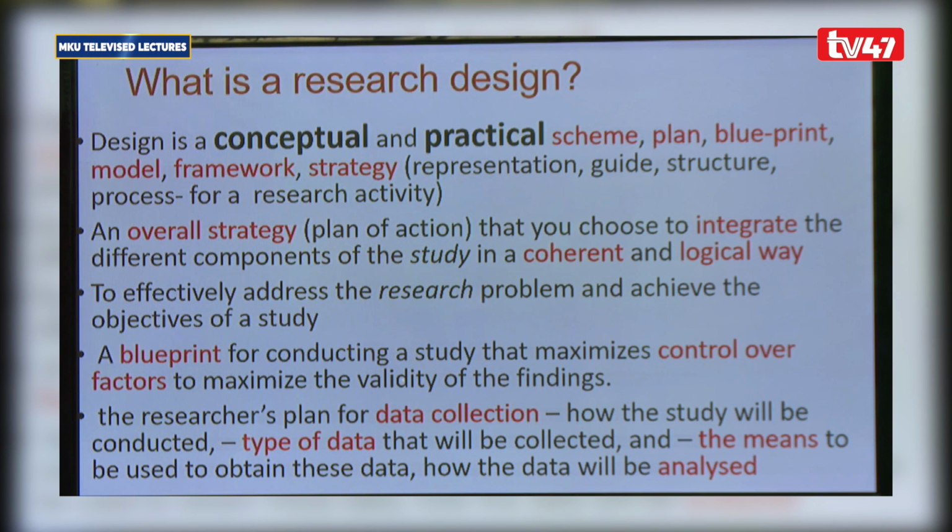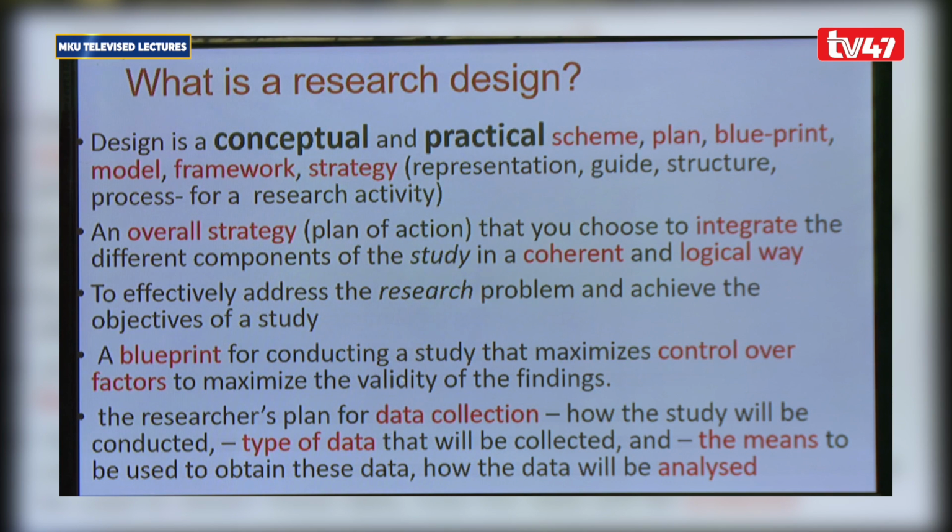These different components need to be integrated, because one component affects the other towards a coherent and logical way of achieving your objectives. And you do this not just for the sake of it, but because you have a research problem in mind and you have certain specific objectives in mind.